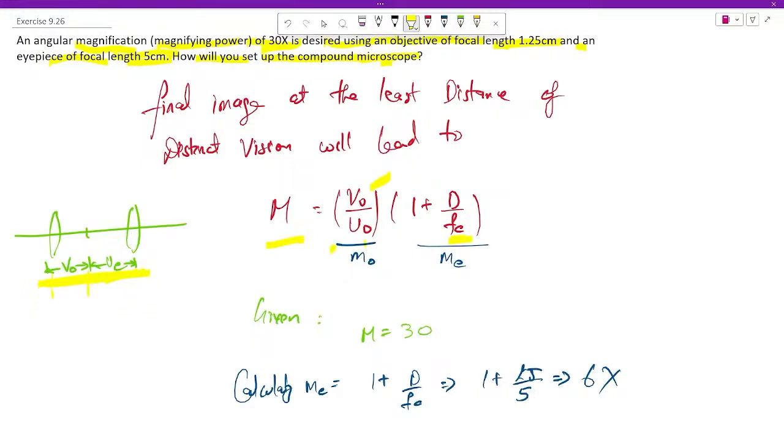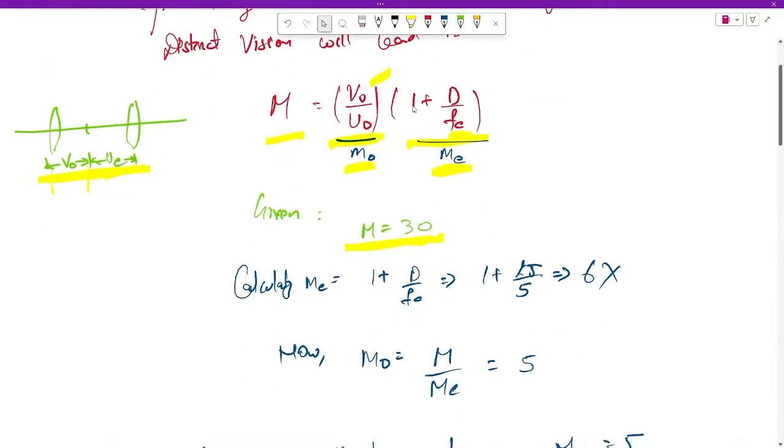In this expression, the first part is the magnification by the objective and the second part is the magnification by the eyepiece. It is desired that m would be equal to 30, and let us calculate the value of ME first. We have been given that the focal length of the eyepiece is 5 centimeter.